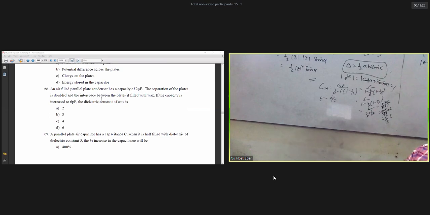Final is 5 by 3. Final value is 5 by 3. So what is the answer now? They ask you to determine the percentage. What is the percentage?